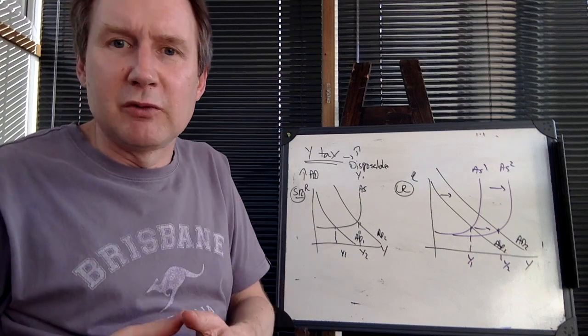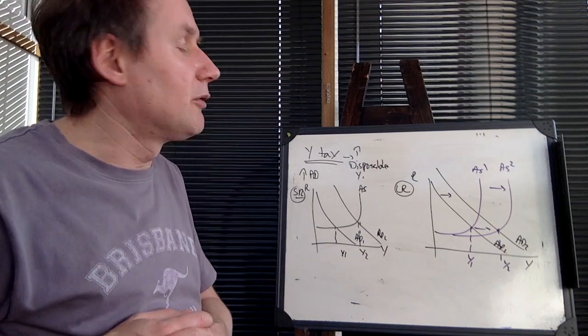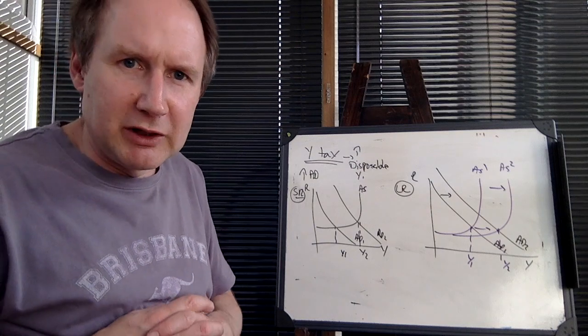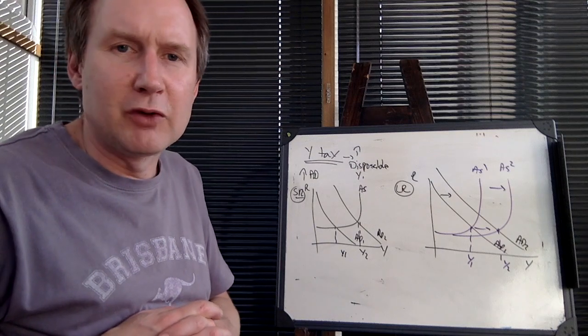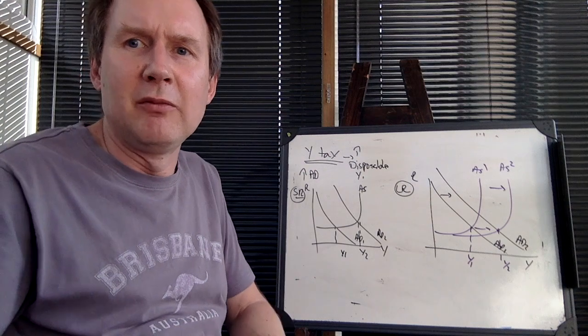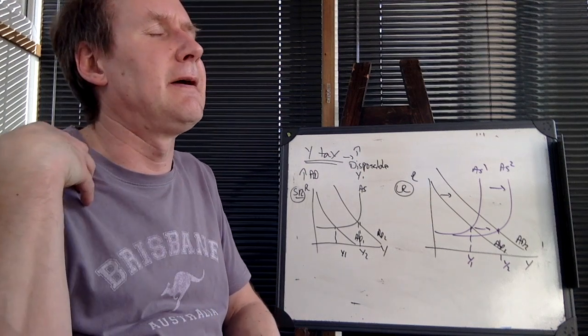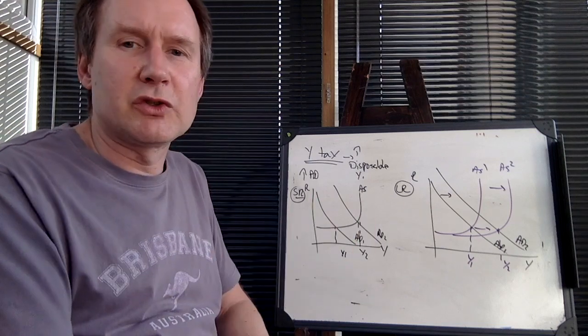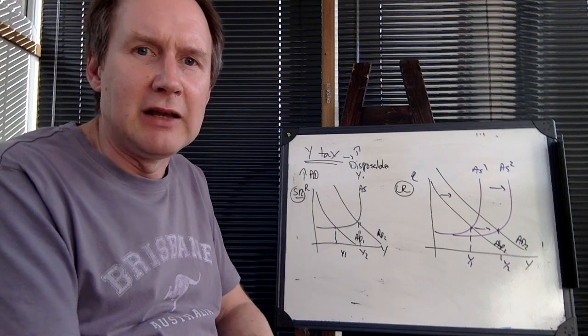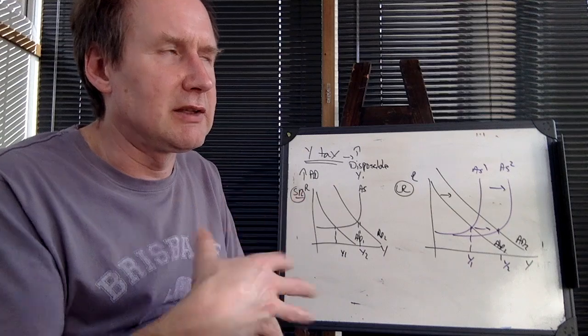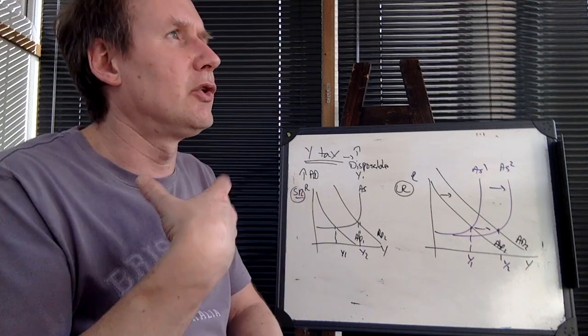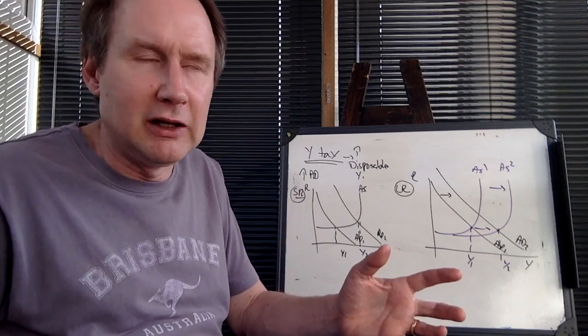In terms of why that might work, it depends on whose income tax you cut. If you cut the top rate of income tax, which is 45% at the moment, those sorts of people tend to have a very high savings ratio. They tend not to want to spend, because they've already got everything they need, more or less.